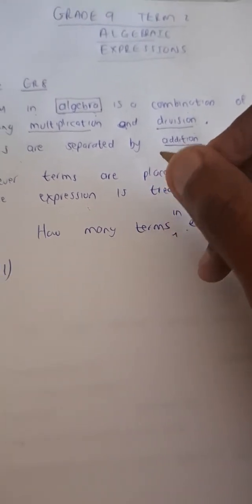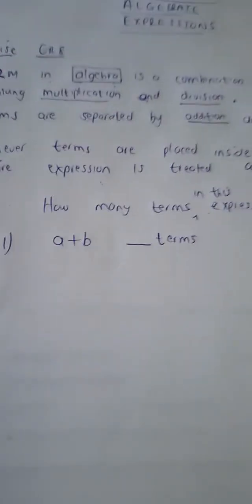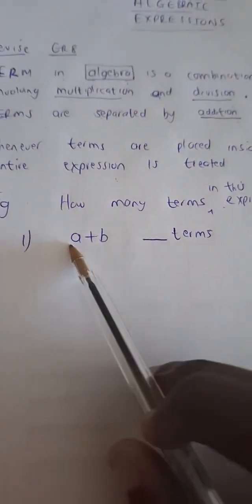A plus B. How many terms are in this expression? I'm gonna write the answer in the blank space provided. A plus B, guys, how many terms are in this expression? Ribawana says 1, Sandla says 2, Sia says 1.